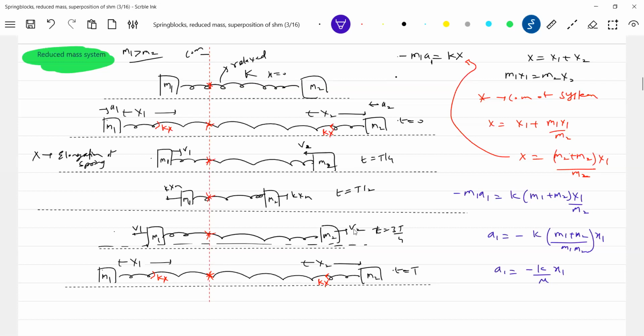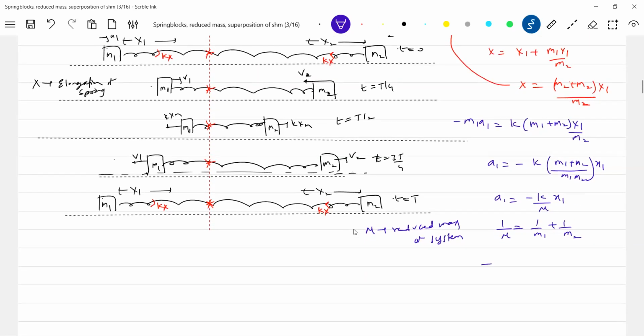Mu is called the reduced mass here. So what is the time period? Okay, what is mu? 1 by mu equals 1 by m1 plus 1 by m2, where this mu is called the reduced mass of the system. So what is the time period of oscillation? T equals 2 pi root of mu by k.